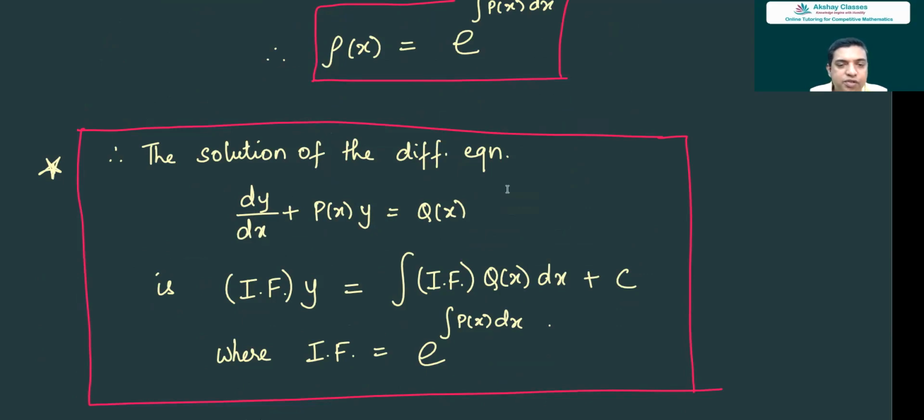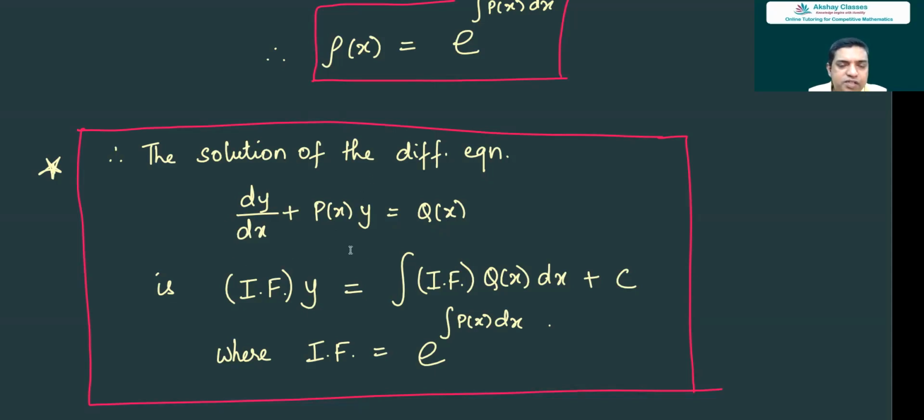So that is the definition of a linear differential equation. y and dy by dx will both be of degree 1 maximum, and they will not be multiplied together. Functions of x, p of x and q of x can be anything. It doesn't matter.